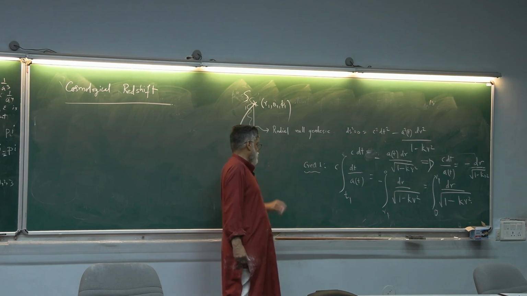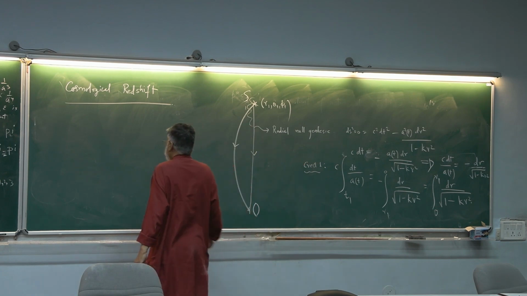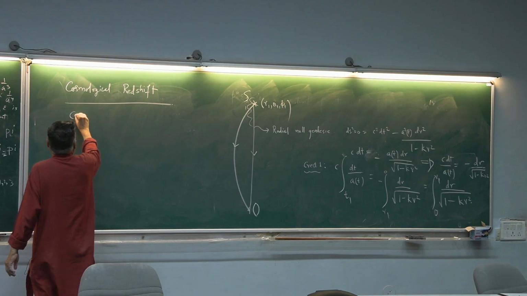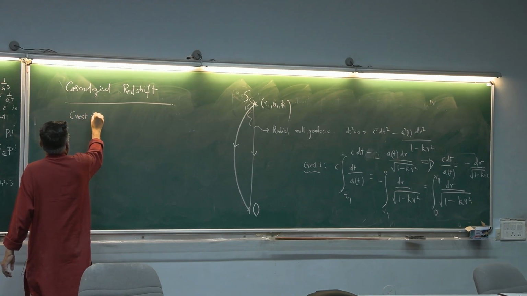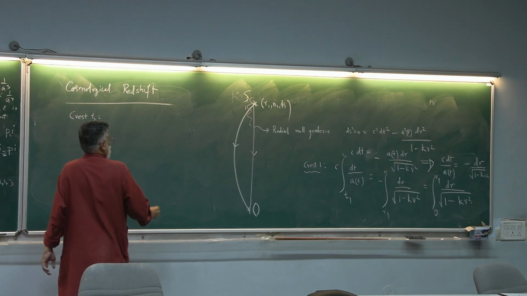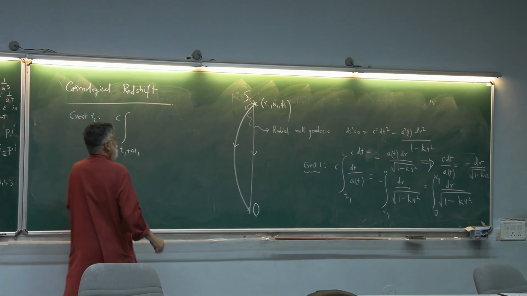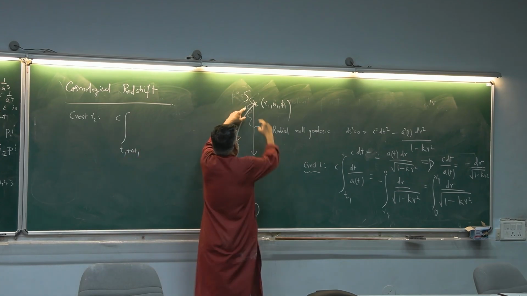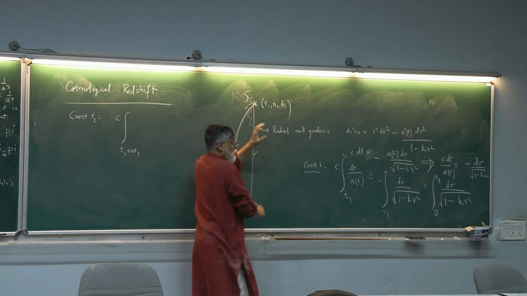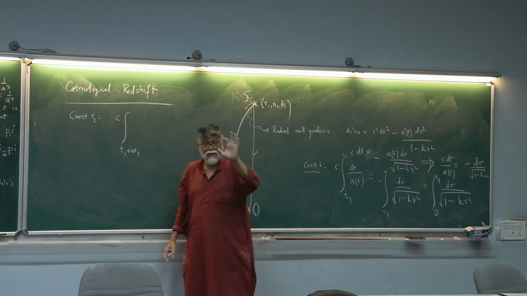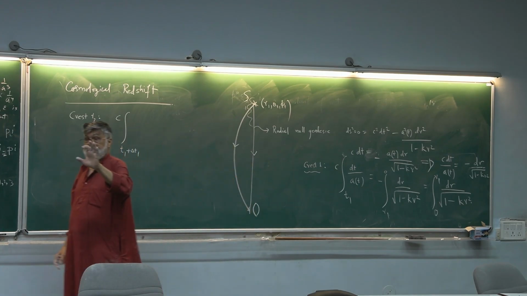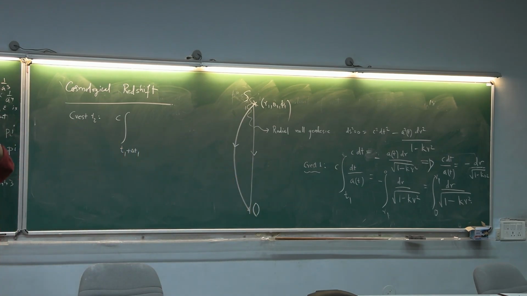Now, I will talk about crest 2. It started at t1 plus delta t1, and this delta t1 is the real physical time as measured in the frame of the source. That's the interpretation we have given.